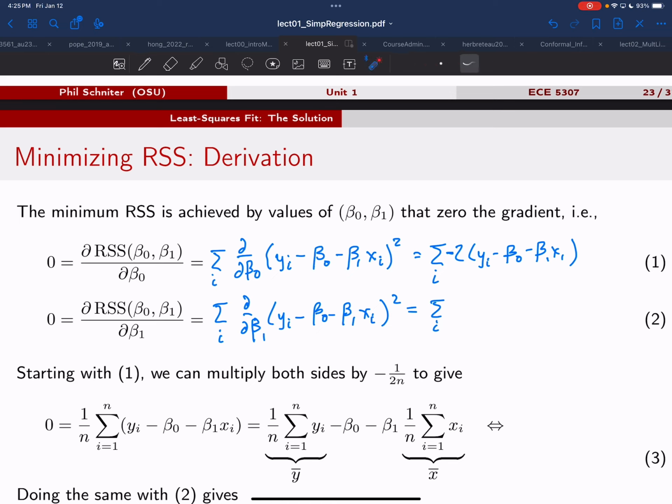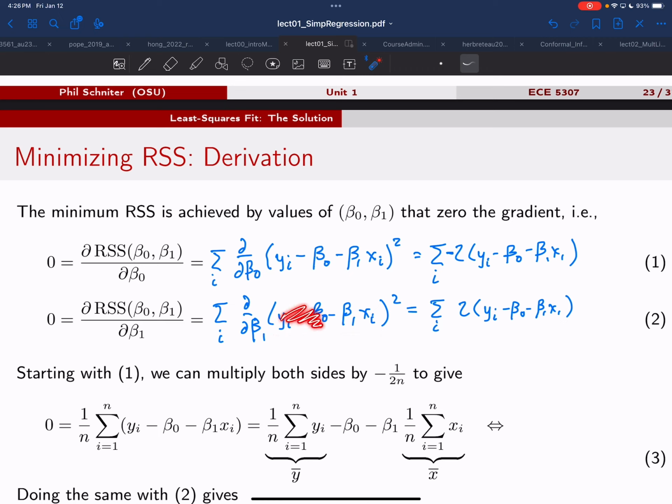Notice the difference between how beta 0 and beta 1 appear inside there. I agree that there's certainly going to be a 2 here, and this part is going to be the same. But now let's look at the derivative of this with respect to beta 1. None of this matters because it doesn't depend on beta 1.